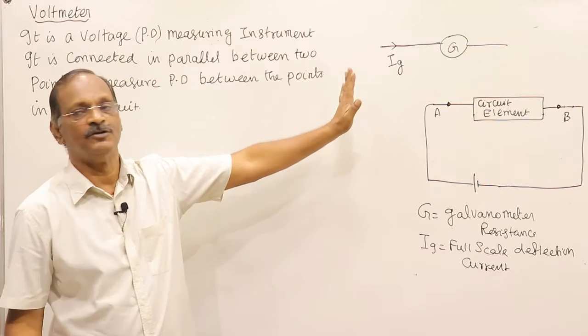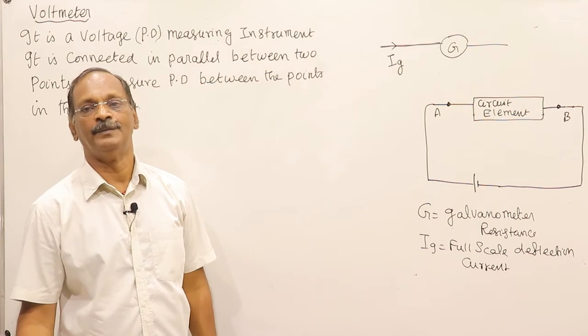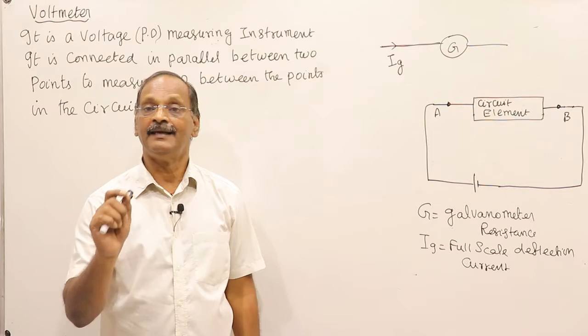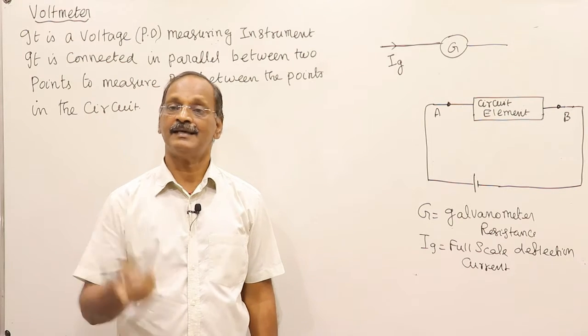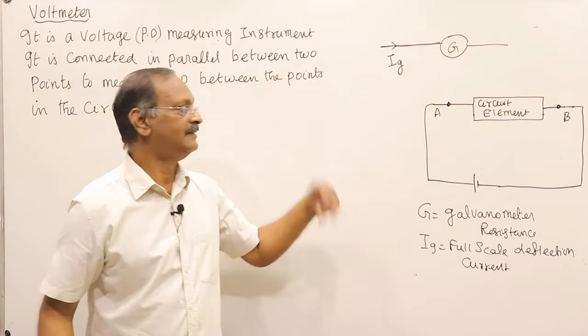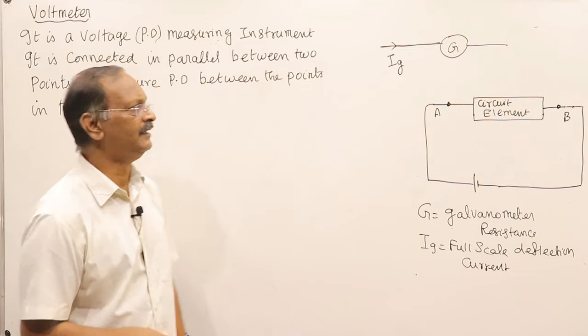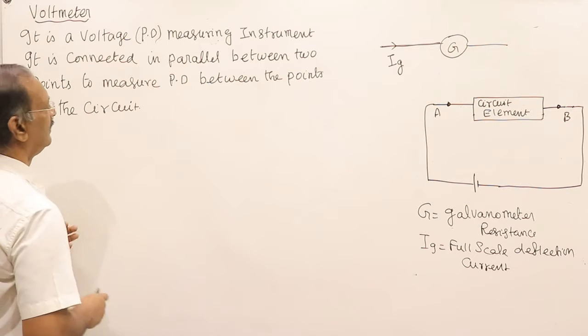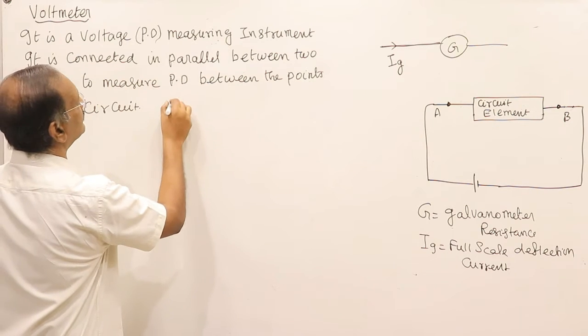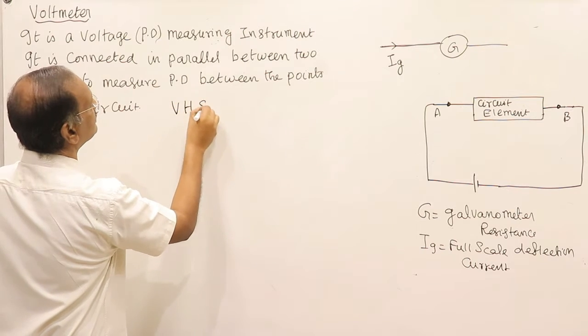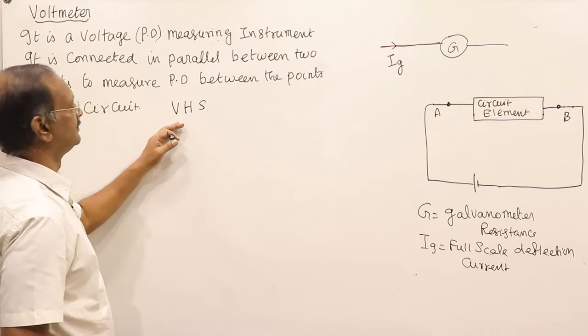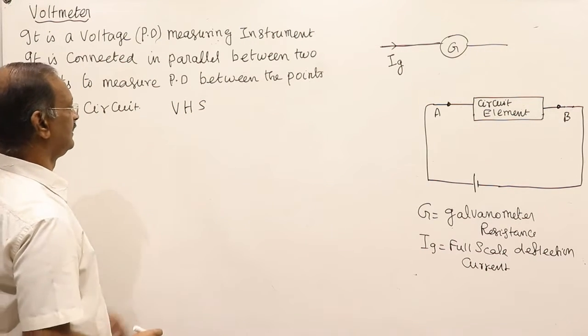This galvanometer can be converted into a voltmeter by connecting a very high resistance in series, and that is connected in parallel in the circuit. The confusion between series and parallel always comes. Always remember VHS, something we must have seen in the camera as well as TV.